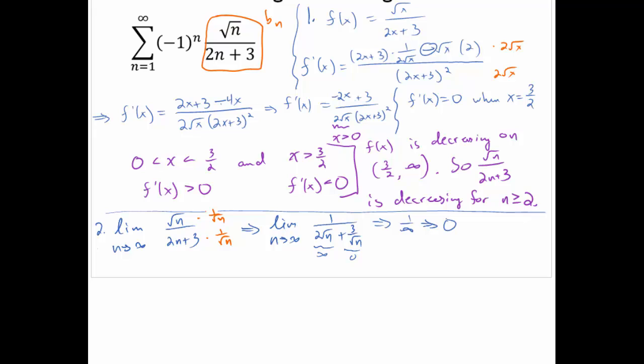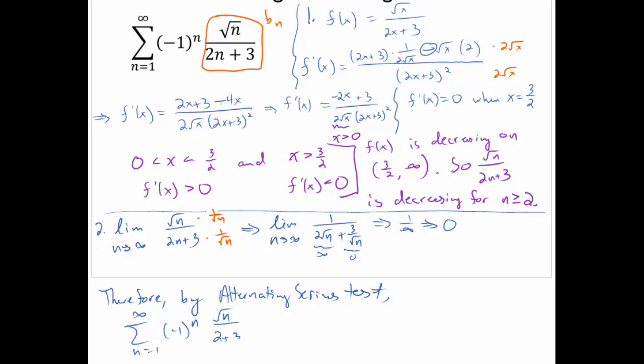We've shown that it approaches 0, so therefore, by the alternating series test, the sum from n equals 1 to infinity of negative 1 to the n times the square root of n over 2n plus 3 converges.